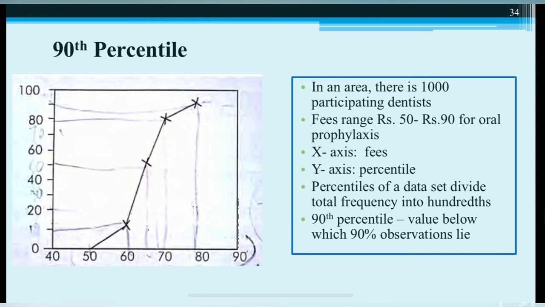Here the value for the 90th percentile will be a bit less than rupees 80, somewhere around 78 or 79. So that is the 90th percentile fee that will be paid to the participating dentist.